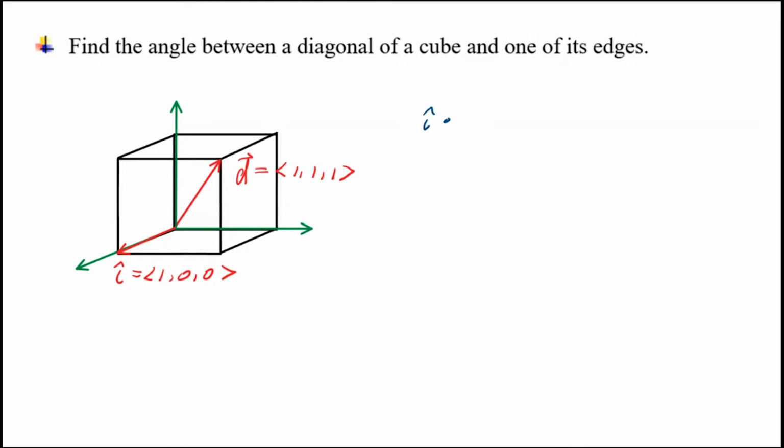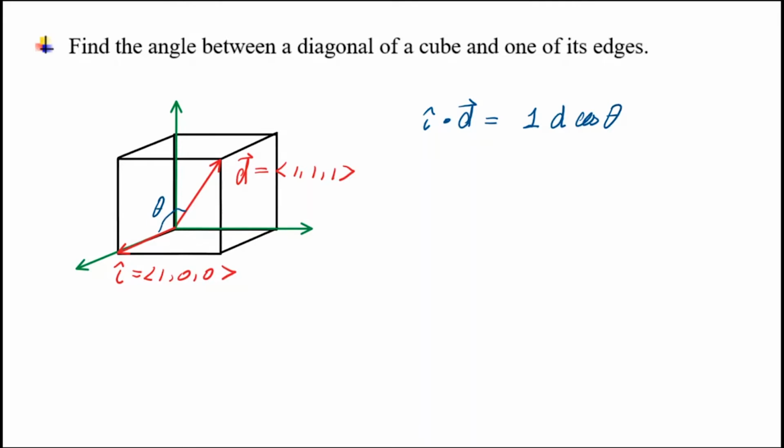Say i dot D is equal to the magnitude of i. What is the magnitude of i? It's 1, isn't it? That's fancy one. Fancy one. 1, and then the magnitude of D and the cosine of our angle, isn't it? And that's what I'm calling theta.